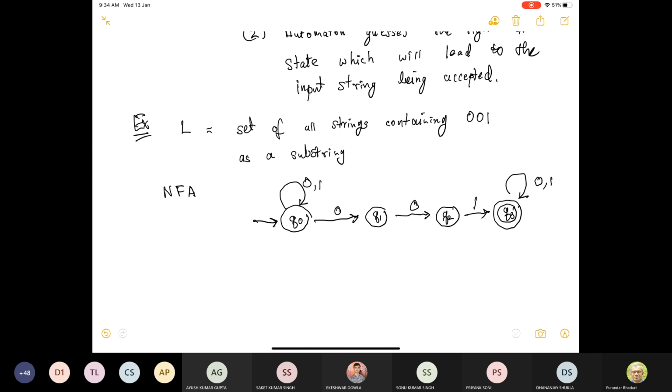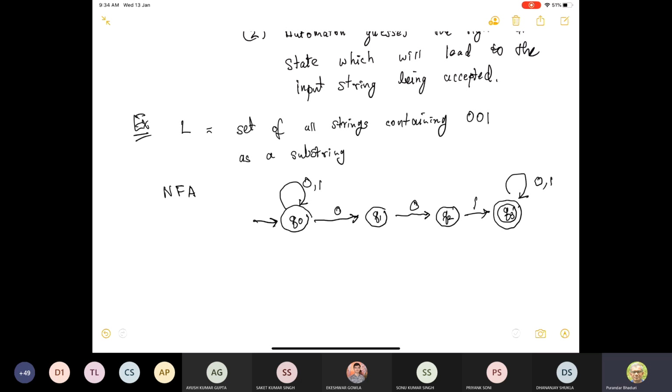So if any string W indeed contains the pattern 001, at least one computation or run of this automaton on that string will lead to acceptance, right? And there are many computations which will not lead to acceptance. Some will indeed die out because there is no choice of next state for the given string, right?